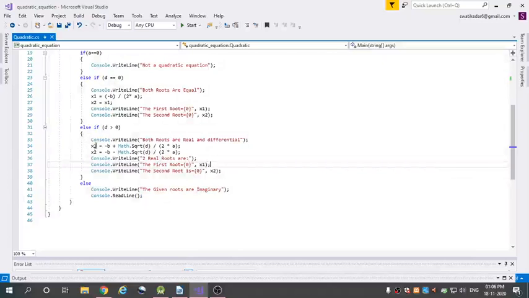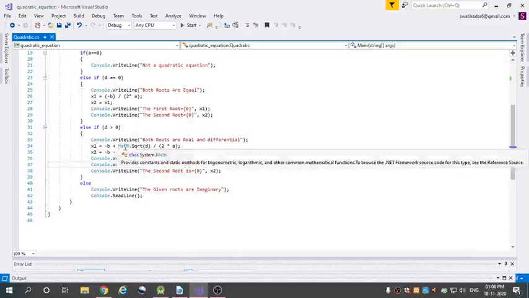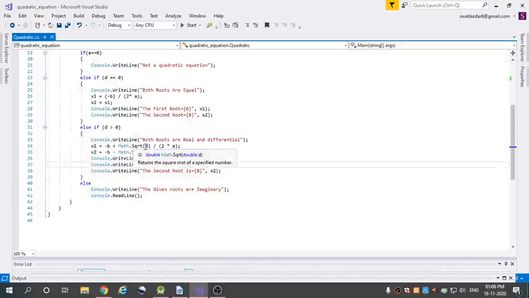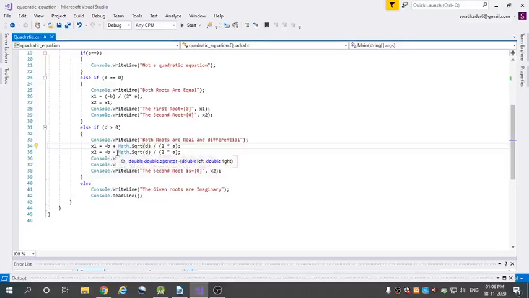After that x1 is equal to minus b plus Math.Sqrt in bracket d, means here we are calculating the square root of this d, divided by in bracket 2 into a. After that x2 is equal to minus b minus Math.Sqrt in bracket d divided by in bracket 2 into a. Here we have taken plus and here we have taken minus.